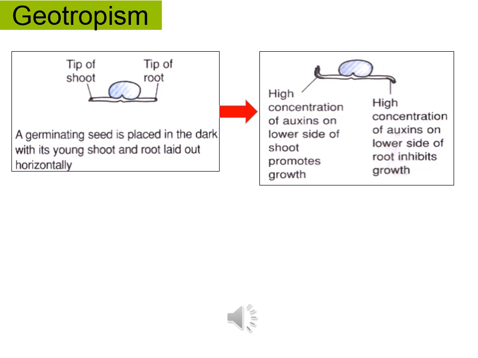Okay, what actually happen in the concentration of oxygen in the shoot tip and root tip? Okay, so in the tip of shoot, high concentration of oxygen on the lower side of shoot promote growth, and then it will cause the tip of shoot will grow upwards. Okay, why? High concentration of oxygen on the lower side of root will inhibit the growth, and it will cause the tip of root will grow downwards.